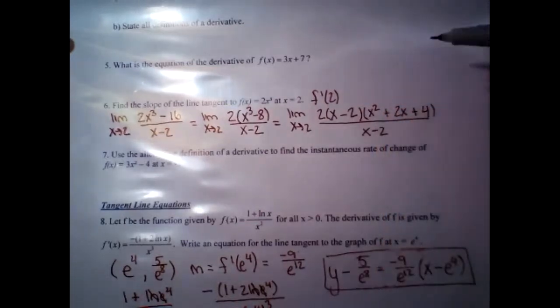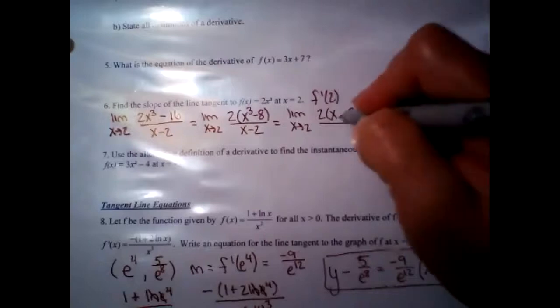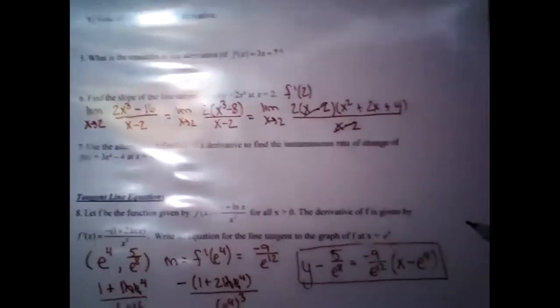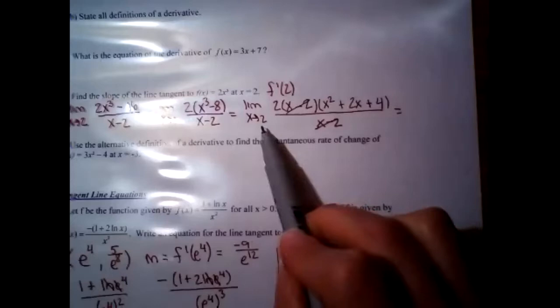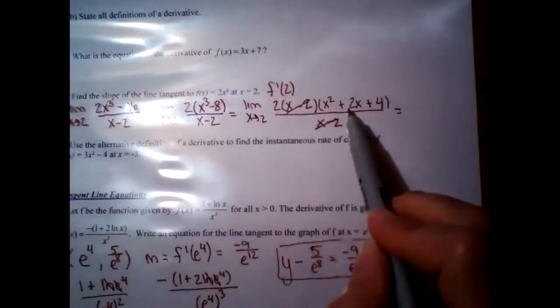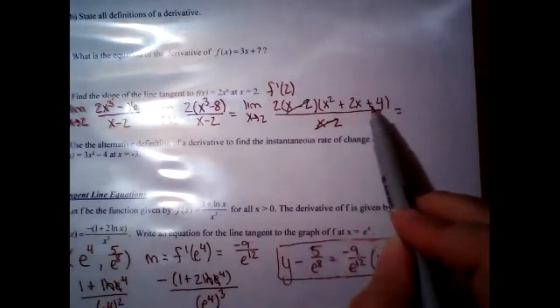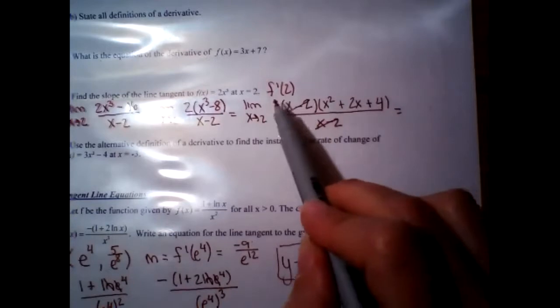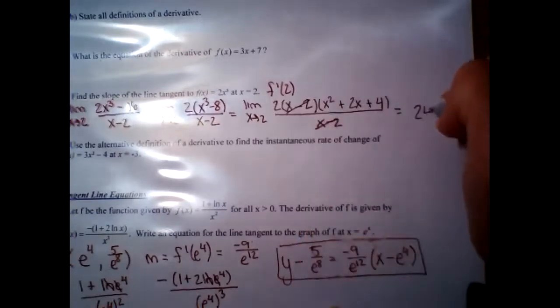All right, so that is your factoring of cubes, and then the x minus 2's cancel. And we are going to plug in 2. So 2 squared is 4, plus another 4 would be 8, plus another 4 would be 12, and then don't forget to times it by 2 out front. So 12 times 2 would be 24.